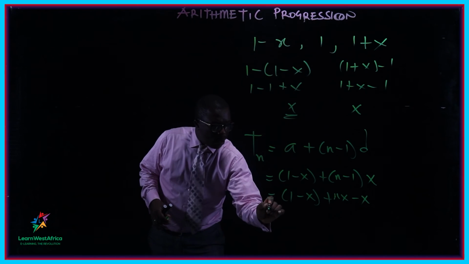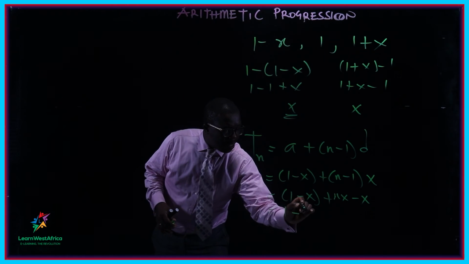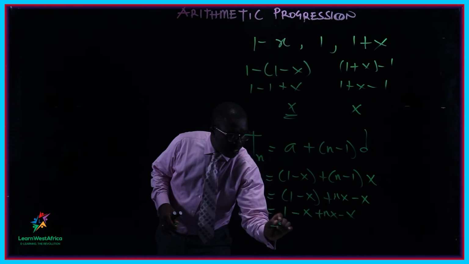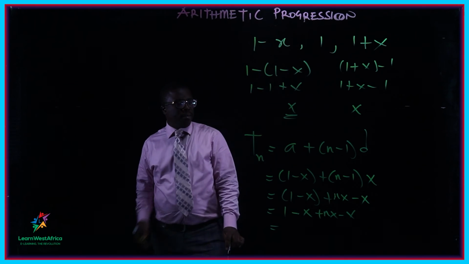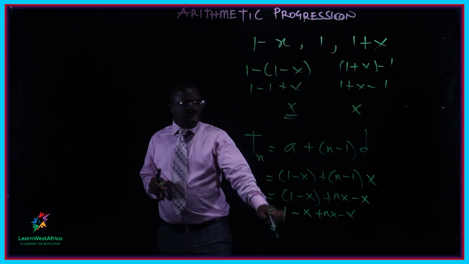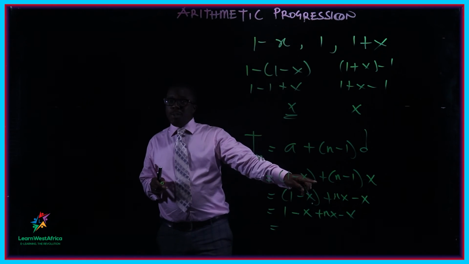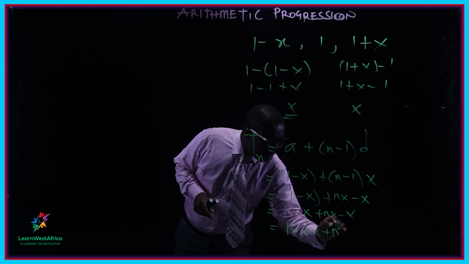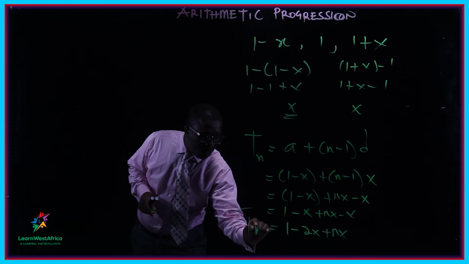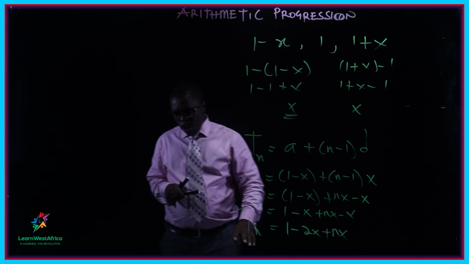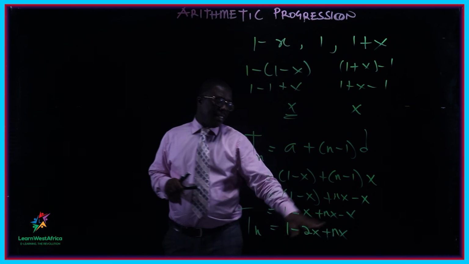So when we put this together, we're going to have 1 minus x plus nx minus x. And of course, as you can see, minus x minus x will give you minus 2x. We're going to have 1 minus 2x plus nx. That is your nth term, okay? So your nth term is that.